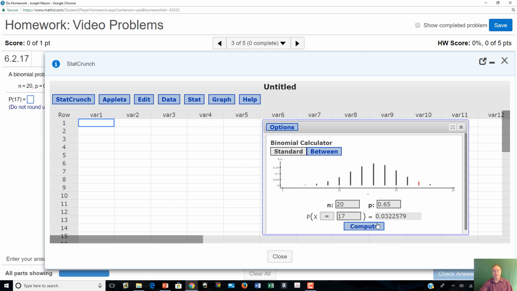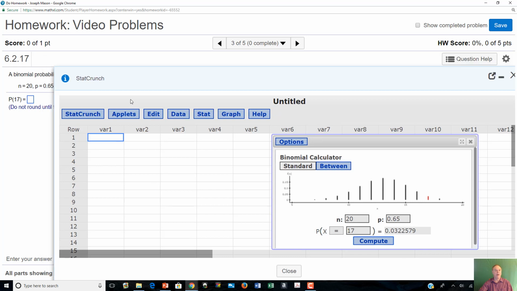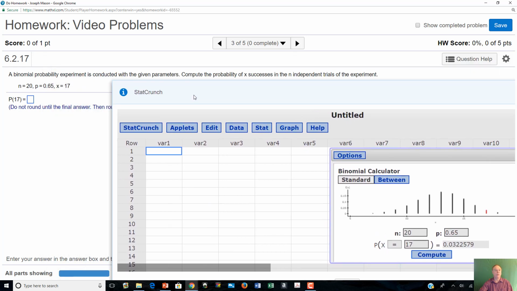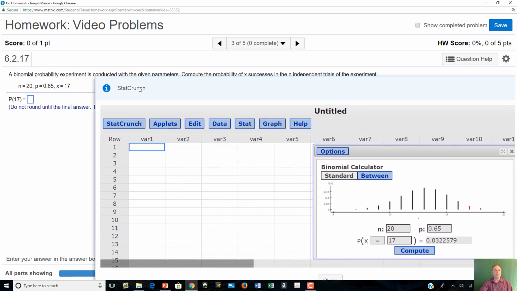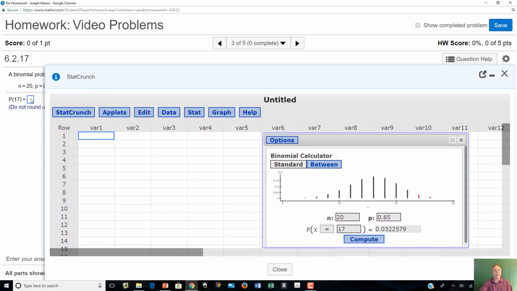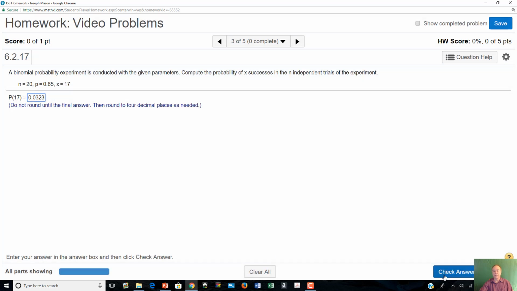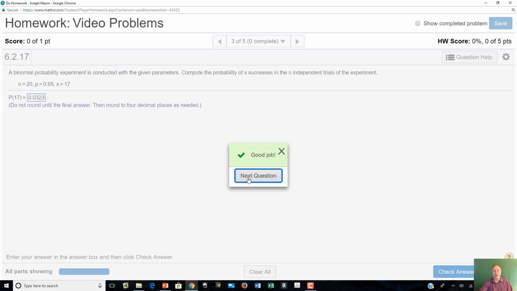Click Compute, so my answer is right here, 0.0322579, and they wanted it rounded to 4 decimal places. So if I round this to 4 decimal places, it's 0.0323. So I can close this, check my answer, and we're good.